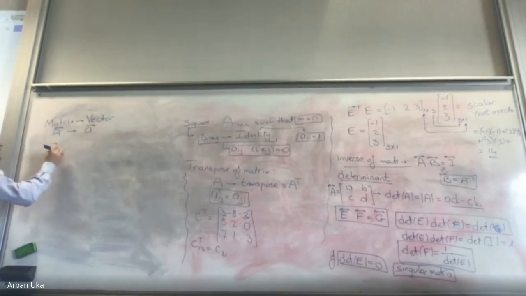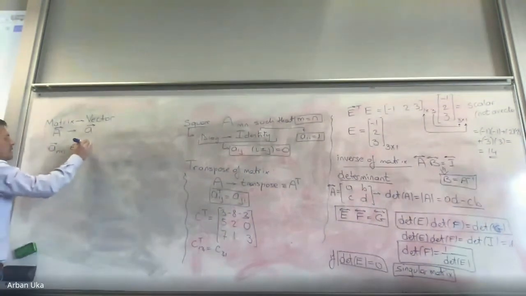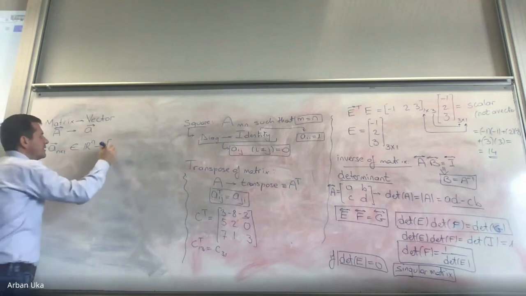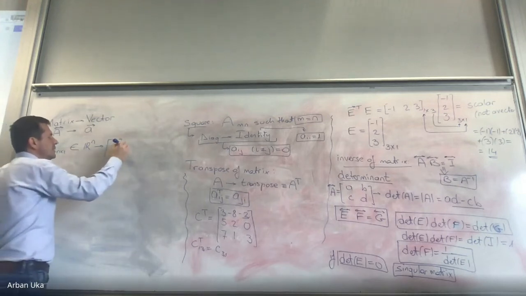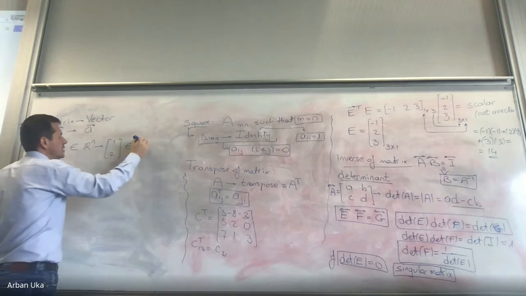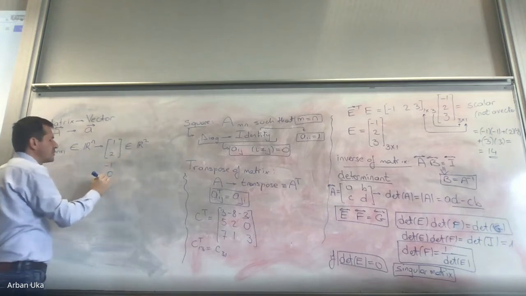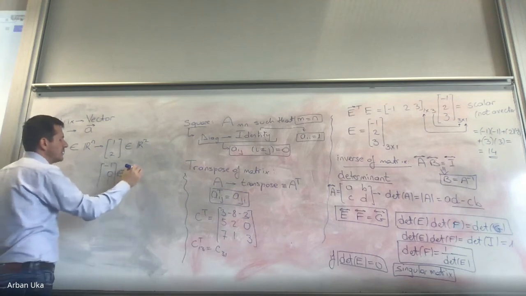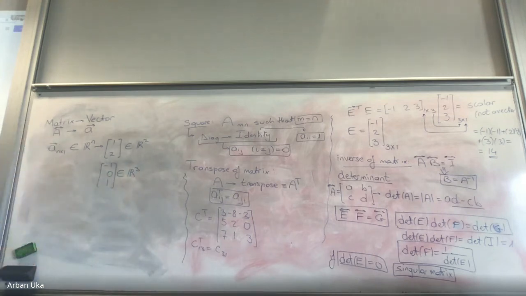If it is n by 1, this is an element of Rn. We call this Rn because the number of elements in this vector is equal to this space. For example, a vector of 1, 2 is an element of R squared, and minus 1, 0, 1 is an element of R cubed. So these are some definitions.